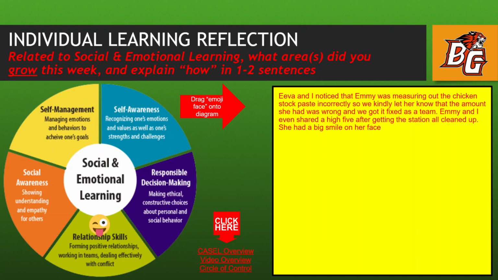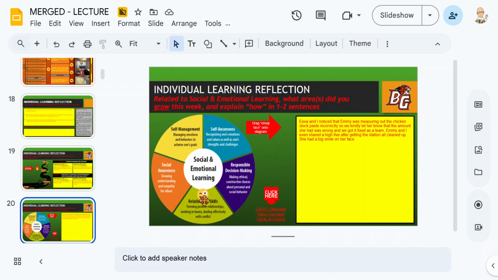Again, on this one, you're going to move the smiley face, you're going to grab it, you're going to move it to the area that you're choosing to focus on that week. And you might find that you're focusing on an area reactionary, like, oh, I think I was really trying to be kind to my partners this week.